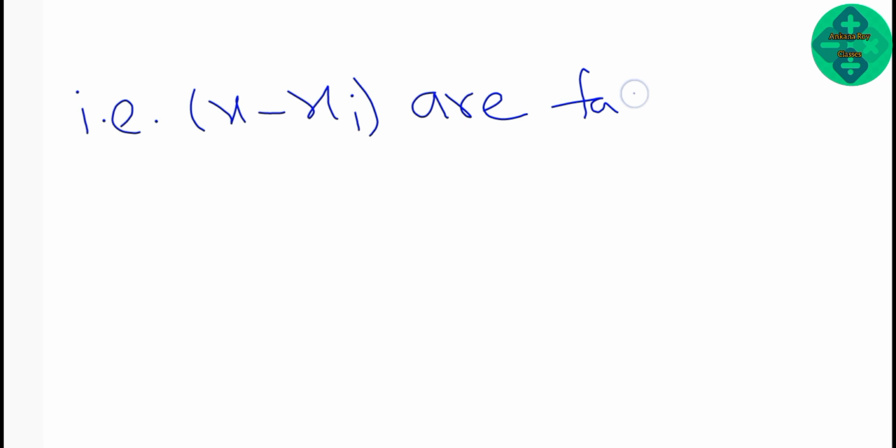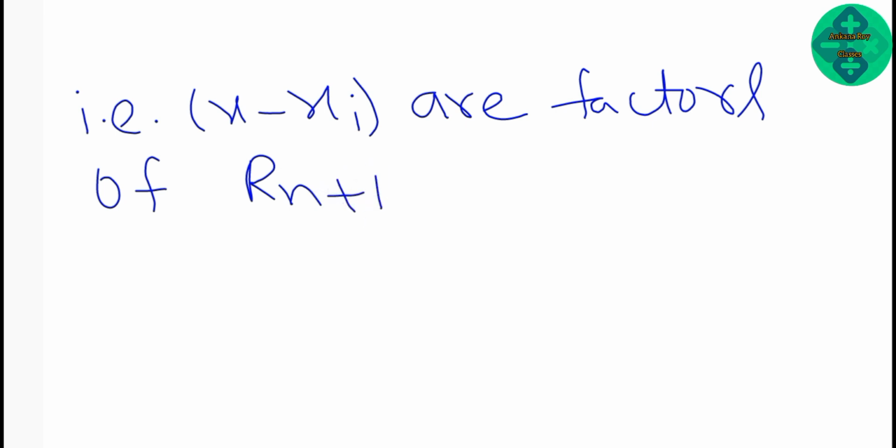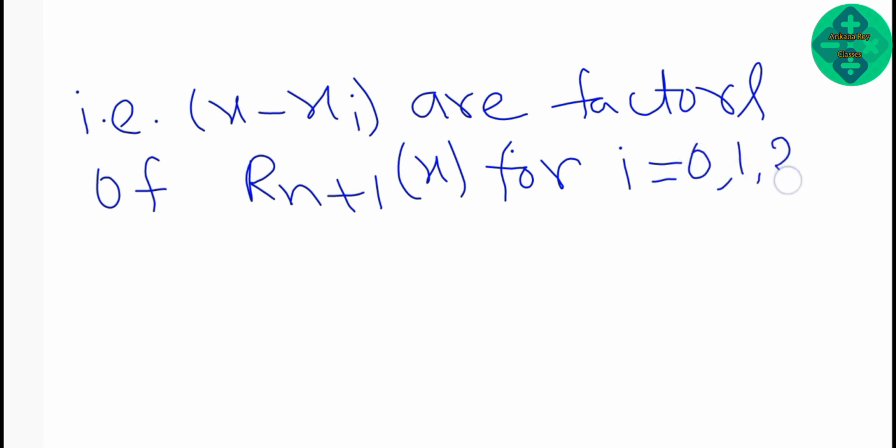Since x is equal to xi satisfies the function R n plus 1 x, therefore x minus xi are factors of R n plus 1 x for i is equal to 0, 1, 2 up to n.